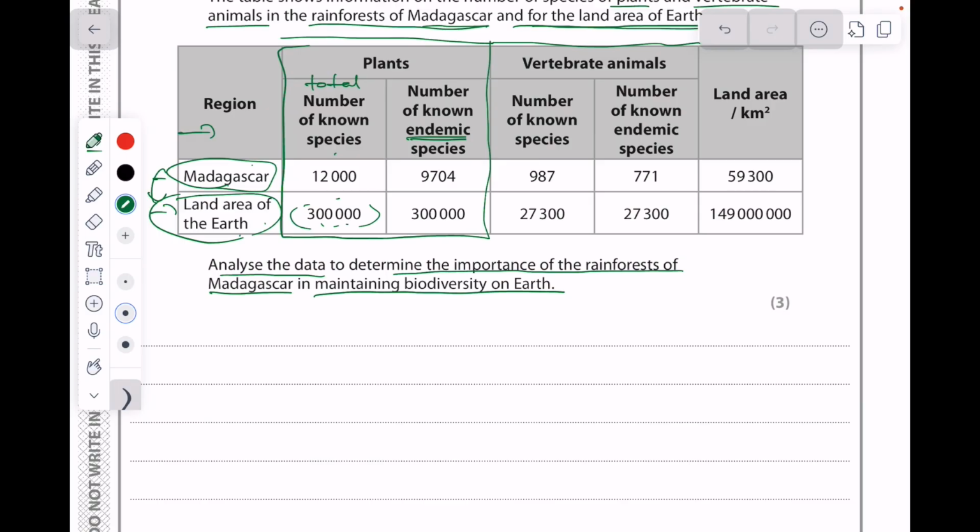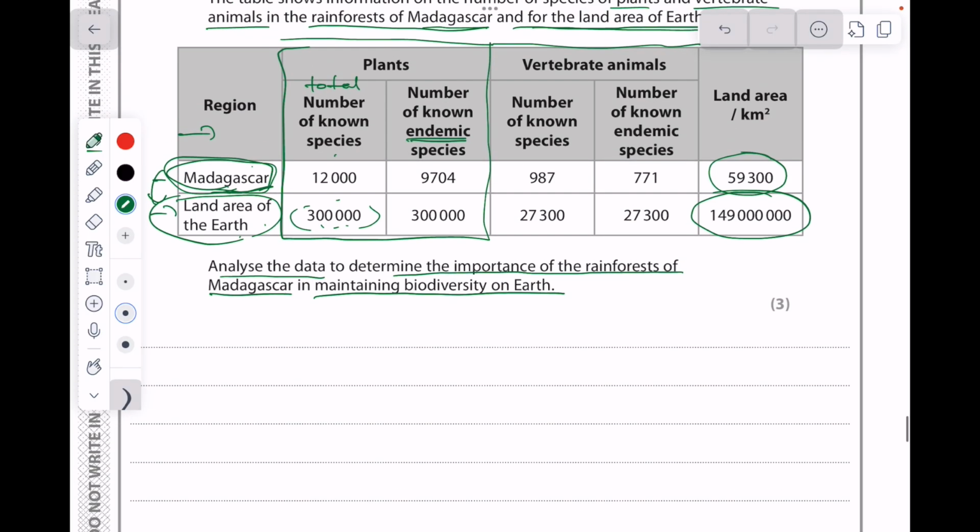But I think what we're basically doing is saying, look how biodiverse Madagascar is, because even though it's got such a small land area compared to the land area of Earth, look how many endemic species it has, for example. Look how many different kinds of plants and vertebrates it has.